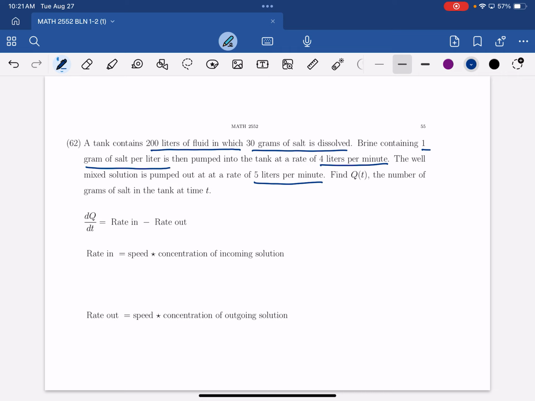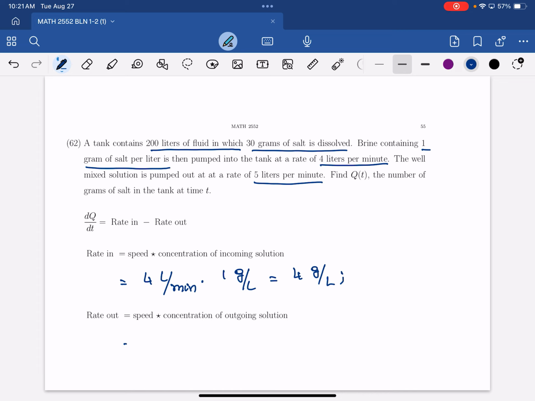Okay, so here is the problem. The scenario is exactly the same except that the outgoing speed is 5 liters per minute. So how would I go with that? Rate in minus rate out. Rate in is the incoming speed, 4 liters per minute, times the incoming concentration of 1 gram per liter, so that's 4 grams per minute.